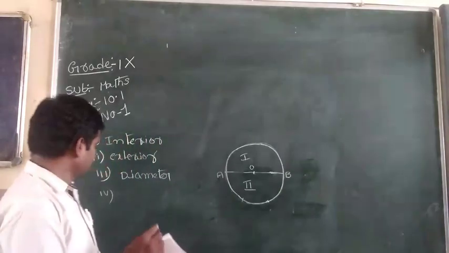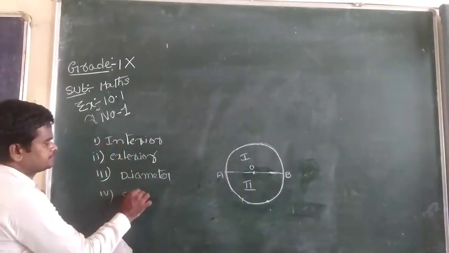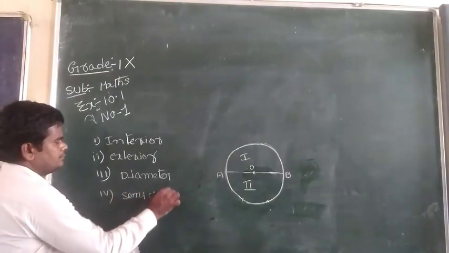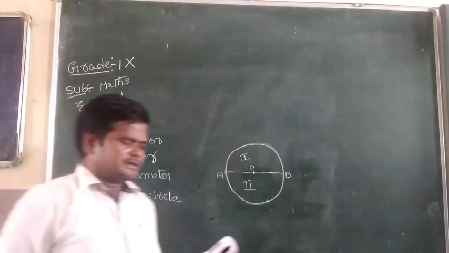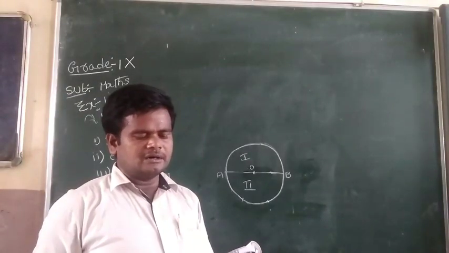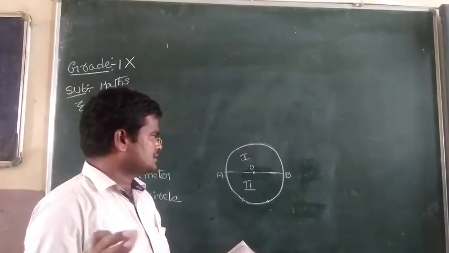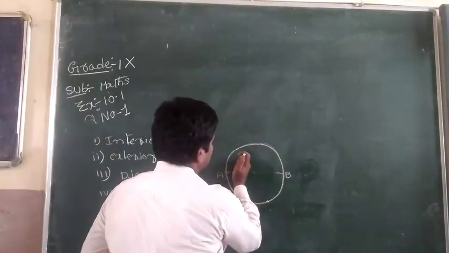Come to the fifth one: a segment of a circle is the region between an arc and a dash.